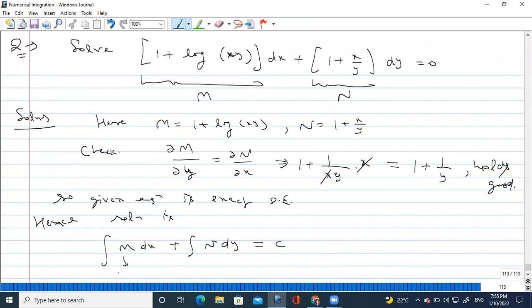Here you have to treat y as constant, and here leave all terms containing x. So these things you have to remember. Note it down first.